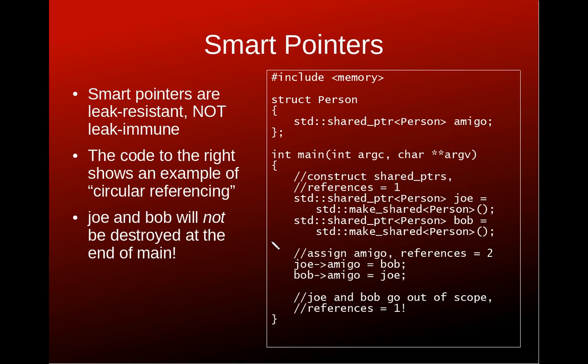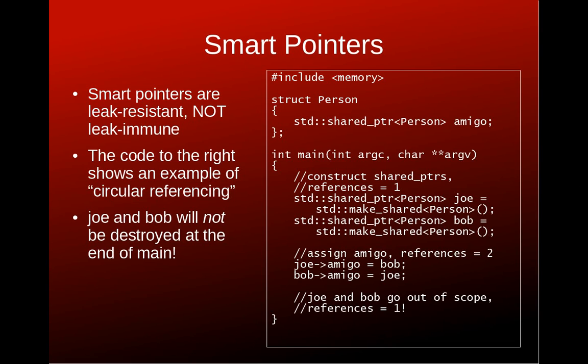So if you were to actually write this out and compile it and maybe have some debugging output going on in the constructor and destructor of person, you would actually see that the destructors do not get invoked for this code. So there is a leak here. There is a leak going on.